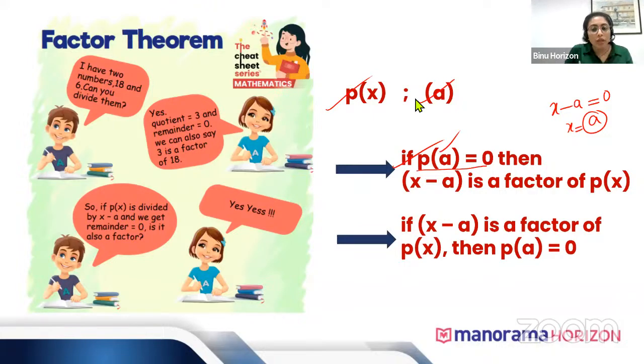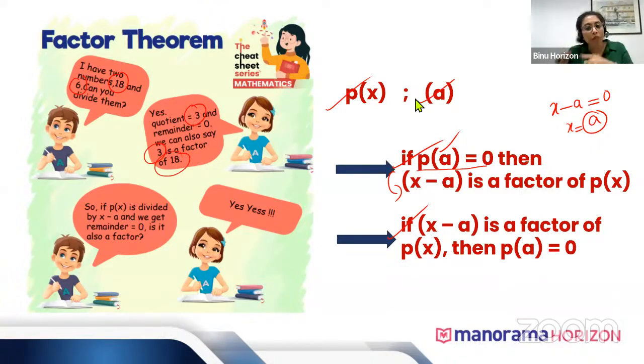So if p of a equals 0, then you can say x minus a is a factor of p of x. Like, say 18: if you divide by 6, you get remainder 0 and your quotient is 3. So we can say 3 is a factor of 18. The same way, if p of a equals 0, you can say x minus a is a factor of p of x. The factor theorem is described in two ways.